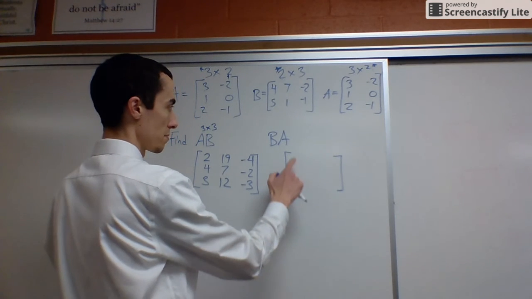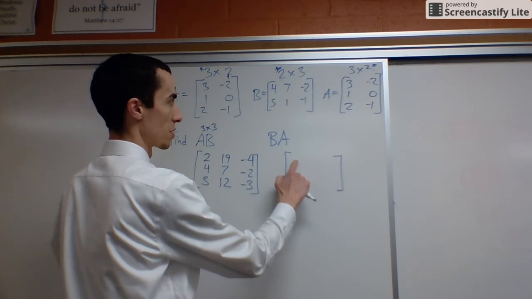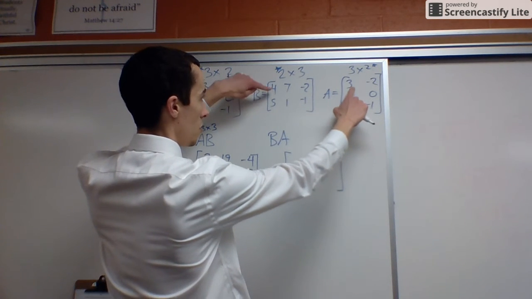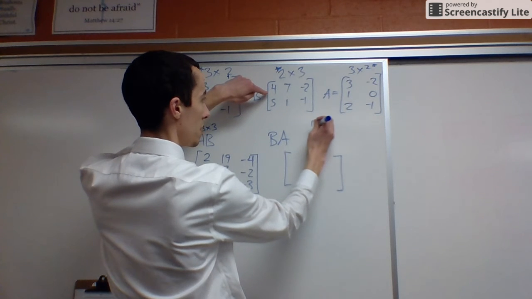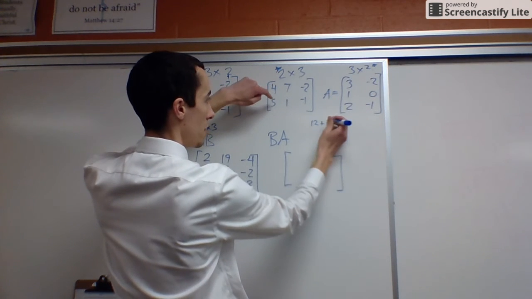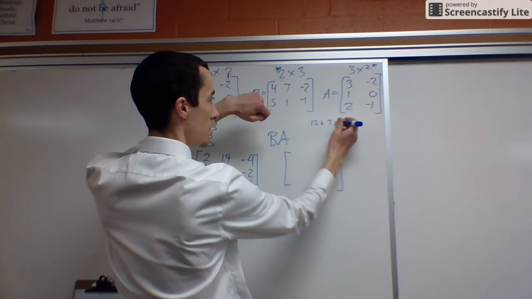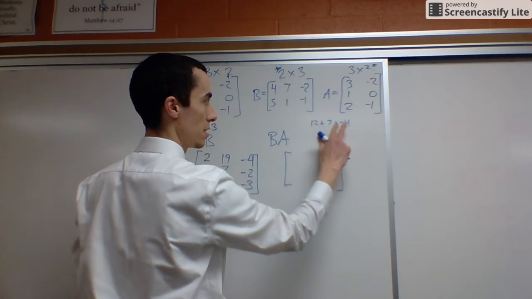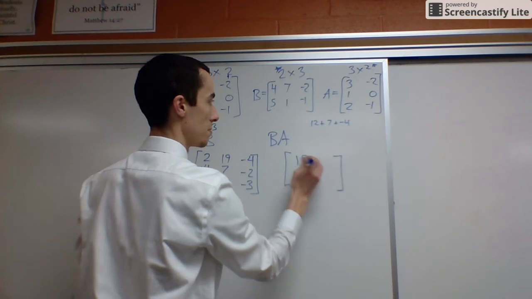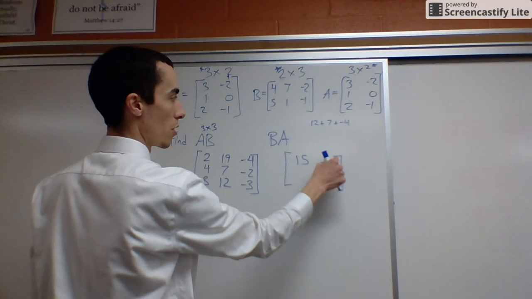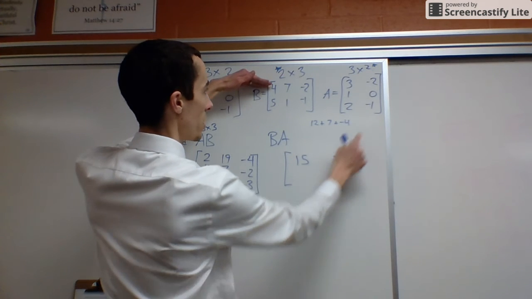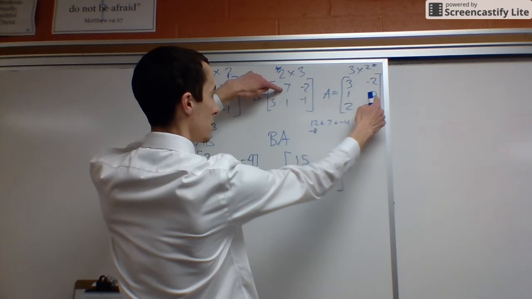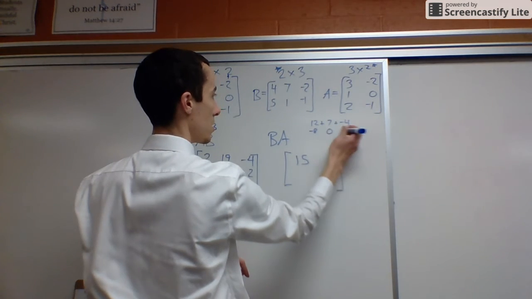So now, first row, first column. 4 times 3 is 12. 7 times 1, negative 2 times 2. Add those together, and we get 19 minus 4, or 15. For row 1, column 2: negative 8, 0, and 2.